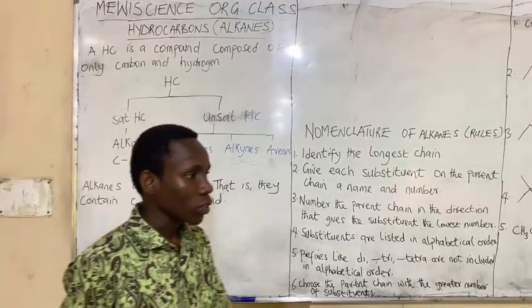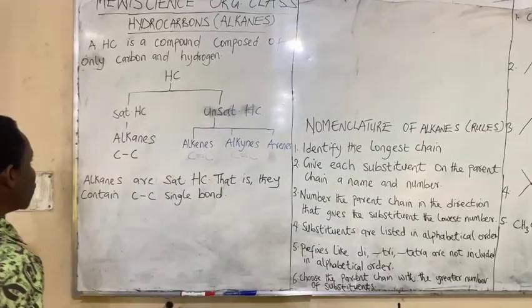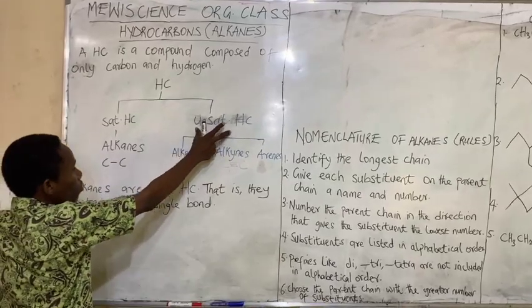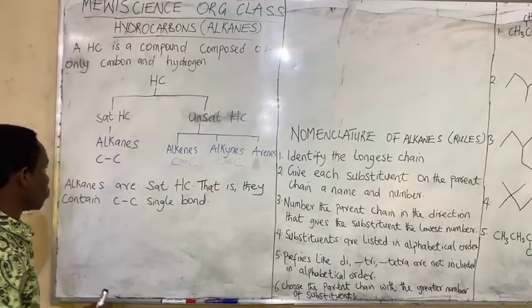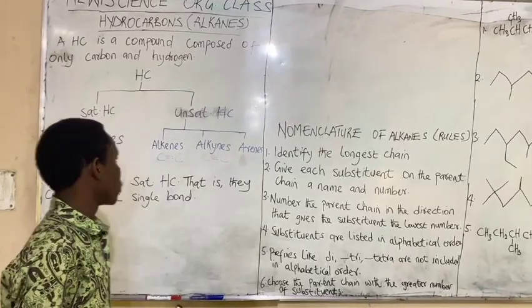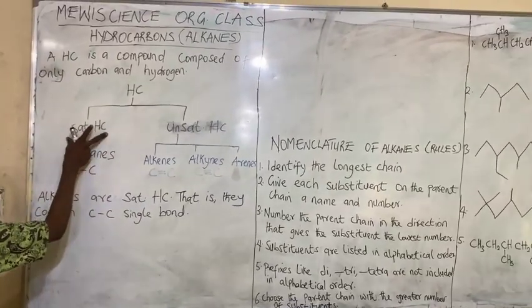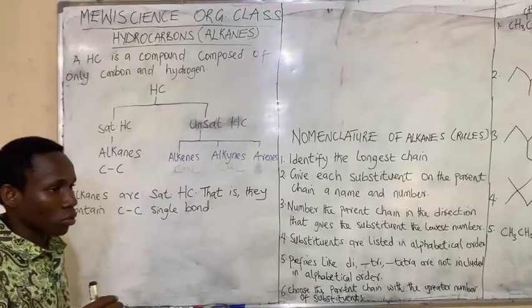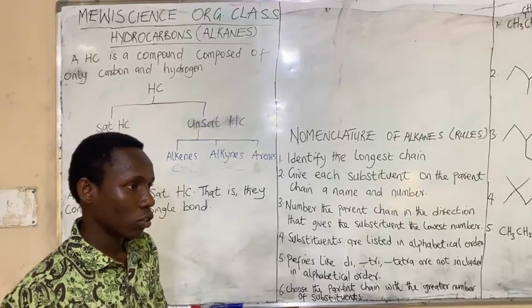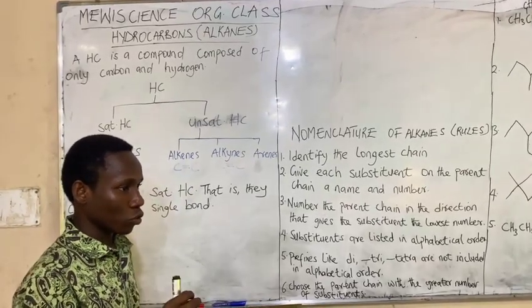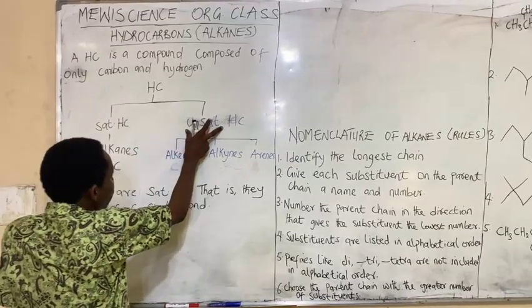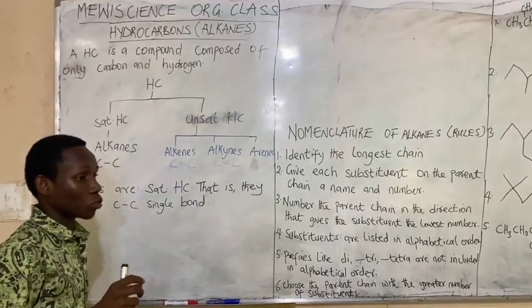The hydrocarbon is subdivided into the saturated hydrocarbon and the unsaturated hydrocarbon. These are the two main branches of hydrocarbon. When we talk about the saturated hydrocarbon, we are talking about hydrocarbon that has only carbon-carbon single bonds. While in the unsaturated hydrocarbon, we have more than one bond.